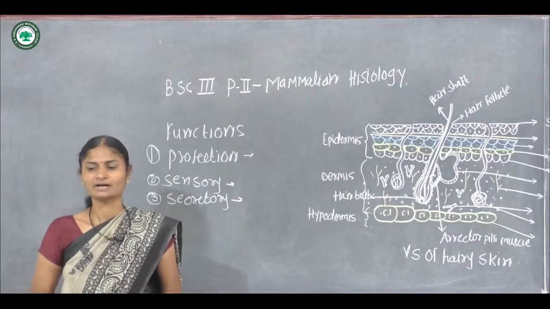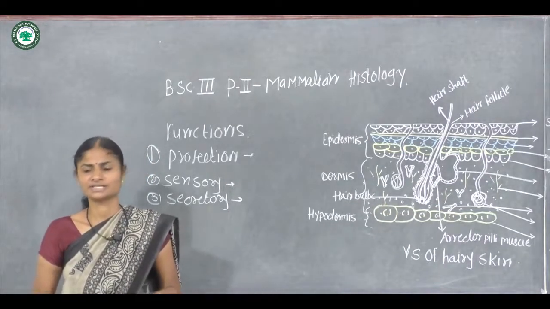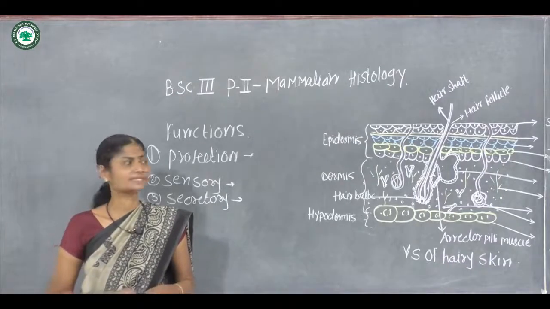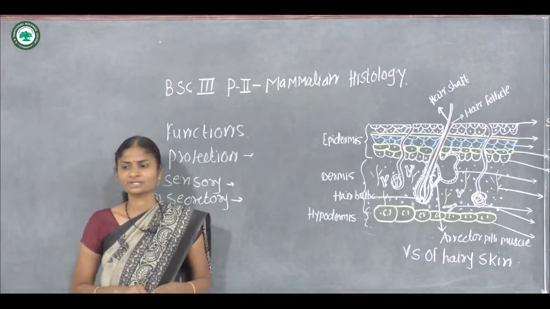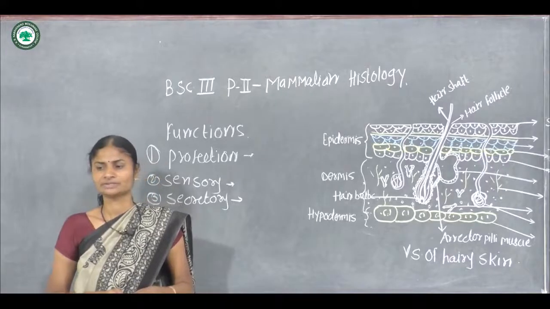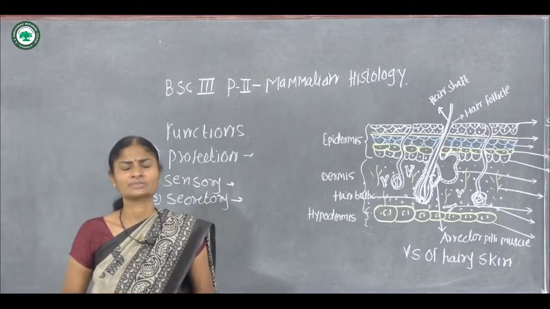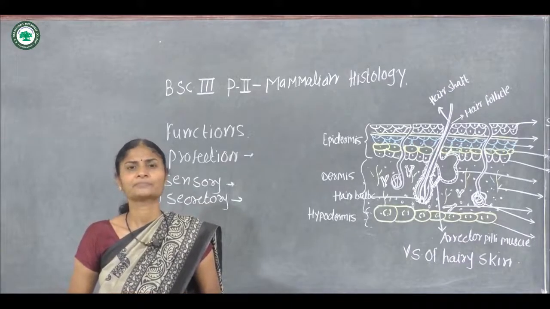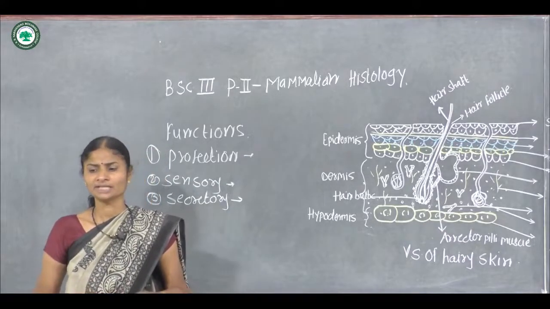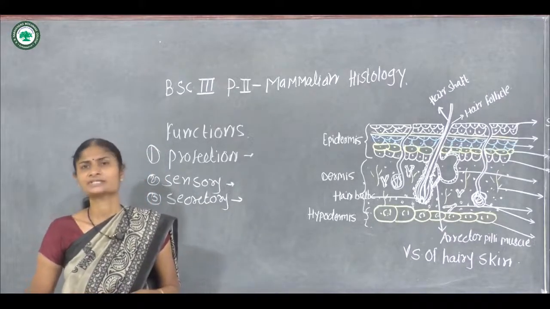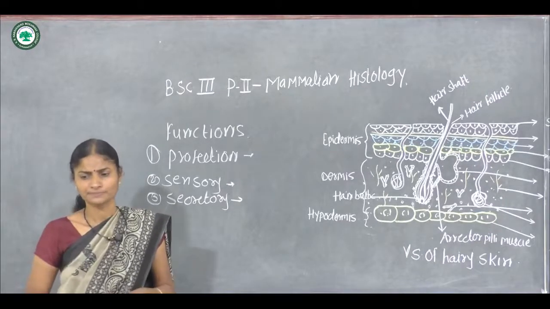Generally, the skin secretes sweat, which helps in temperature regulation, and sebum is secreted from the sebaceous glands in the skin, which helps make the skin smooth.